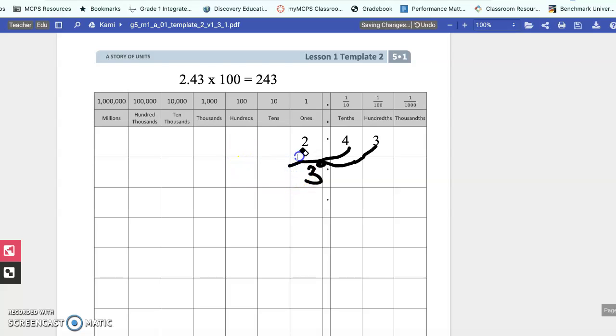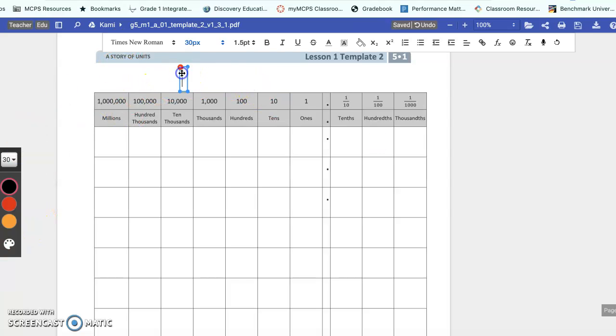So for example, if I wanted to take a different amount, let's say 5 and 25 hundredths, and multiply it by 100, I would start out by putting 5 and 25 hundredths on my place value chart. I have 5 ones, 2 tenths, 5 hundredths.